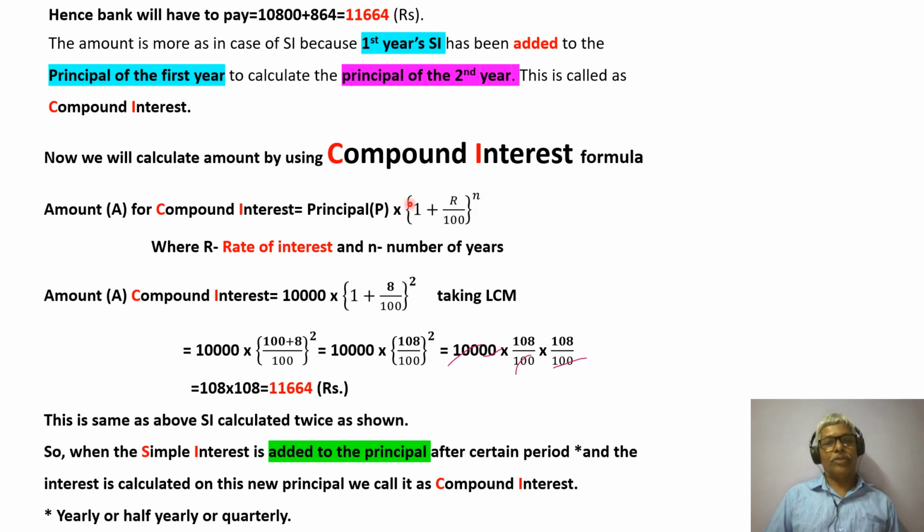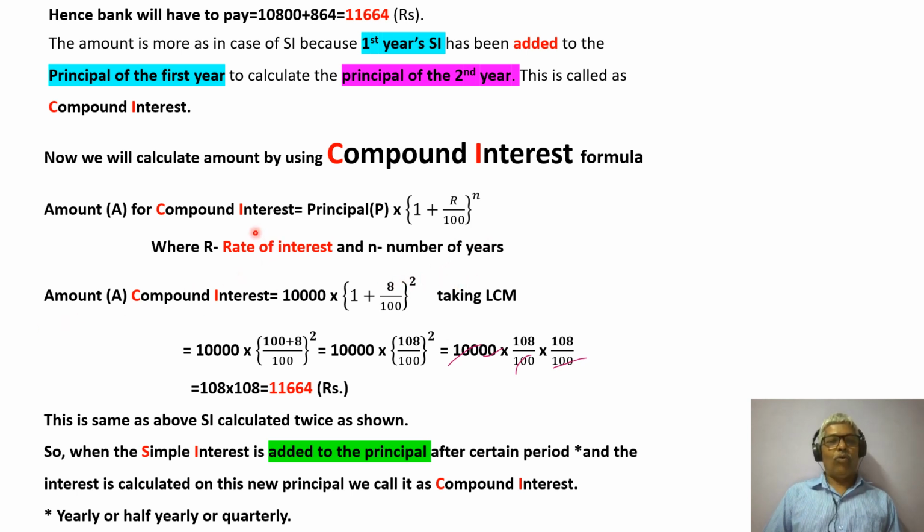Remember, this is a very important formula. Remember this properly and try to solve the problems. In this, P is principal, R is rate of interest, and n is number of years. We will explain about this n in the next video, and you will get a clear idea about this formula and n. For the time being, take it as it is and try to solve the problem.